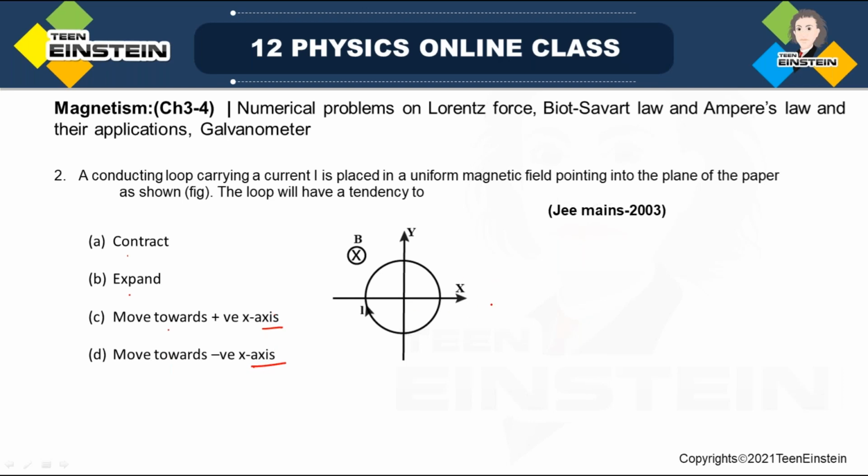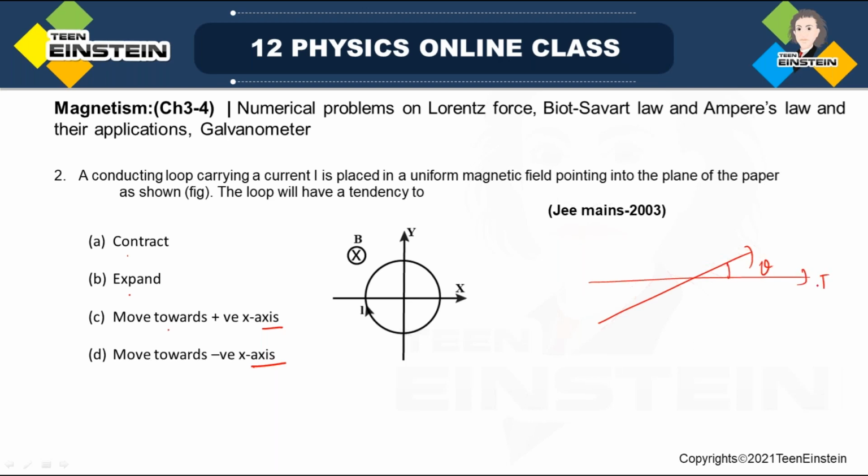So in this case we have to see when a current carrying loop is kept in a magnetic field. Okay, suppose this is a magnetic field and a current carrying wire is going like this, an angle between them is theta.